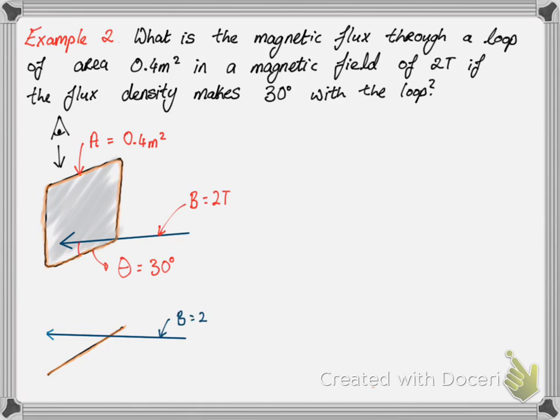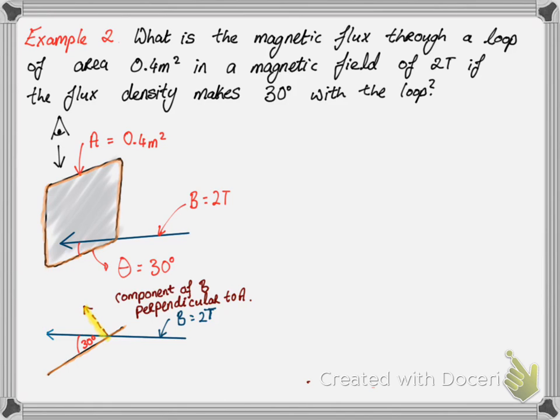We still have our magnetic flux density passing through. However, the note before says that you need to get the component of B that is perpendicular to A, so at right angles, which is that dotted line there. So this is the component of B perpendicular to A.